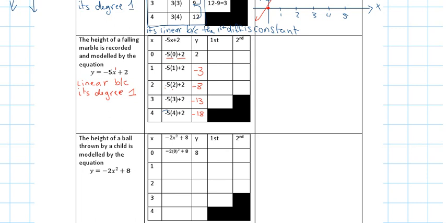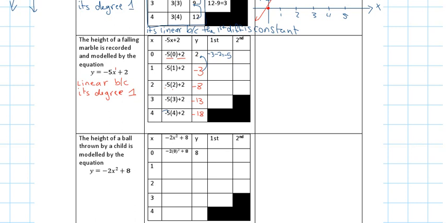So, what's my y2? Negative 3, right? So this is my second y value, and I'm going to subtract the first y value. So y2 take away y1. So negative 3, take away 2. What would that give me? Negative 5.